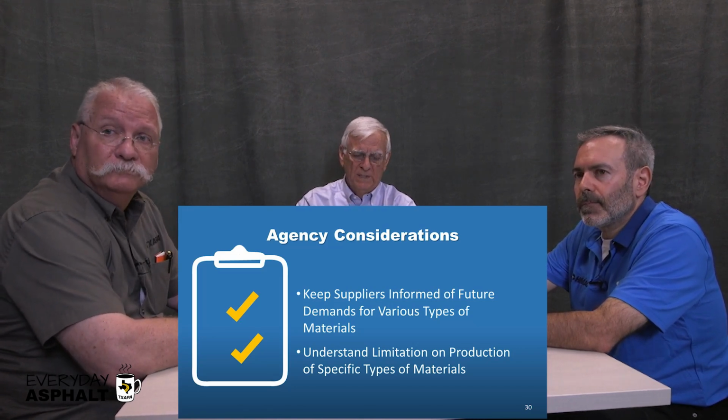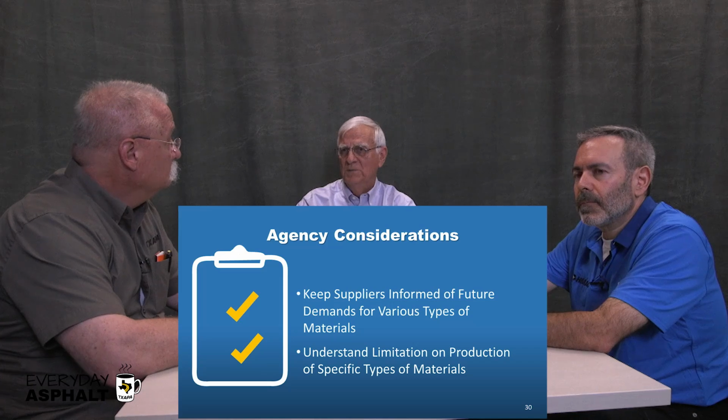And we need to understand the limitations of production on specific types of materials. You can only do so much with the materials that you have available. If you go into a market and say, I just want this size stone, that's going to mess up a whole guy's production. You may or may not be able to get it, but if you can get it, it may be kind of expensive.